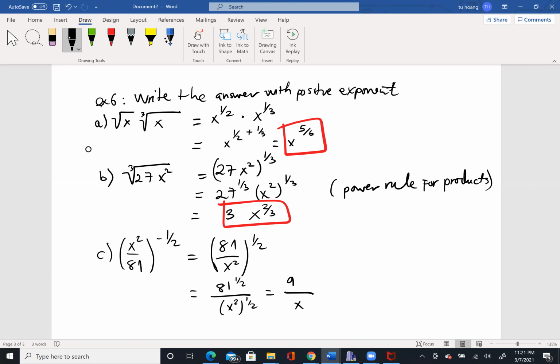Apply the power rule for exponent. Okay, here we go.